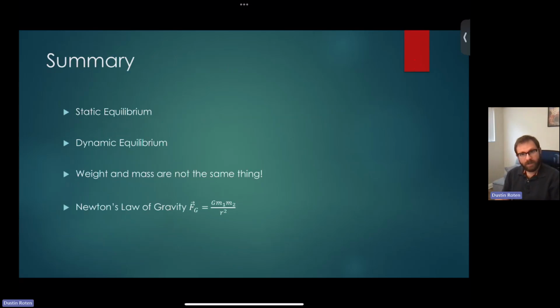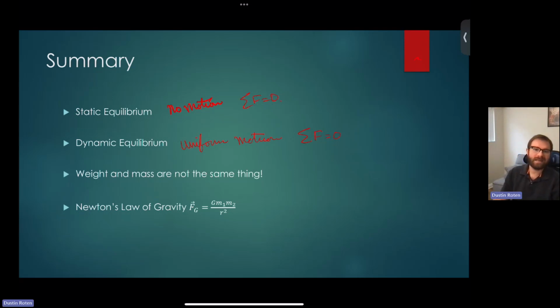All right, so just a quick summary. We've talked about static equilibrium, so there's no motion. The forces equal 0. Dynamic equilibrium, there is uniform motion, but the forces, when you sum them up, still equal 0.